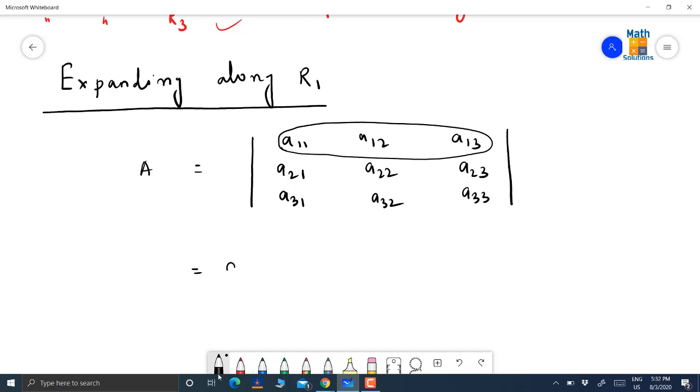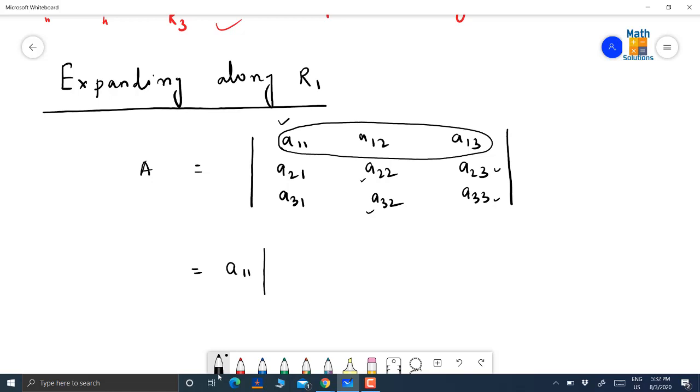See, A11, this first element I shall be writing first. This should be multiplied with the determinant of these 4 terms. That means A11 is lying in the first row and the first column. So when I write A11 here, immediately in my mind I have to delete this row and this column in which A11 is lying.